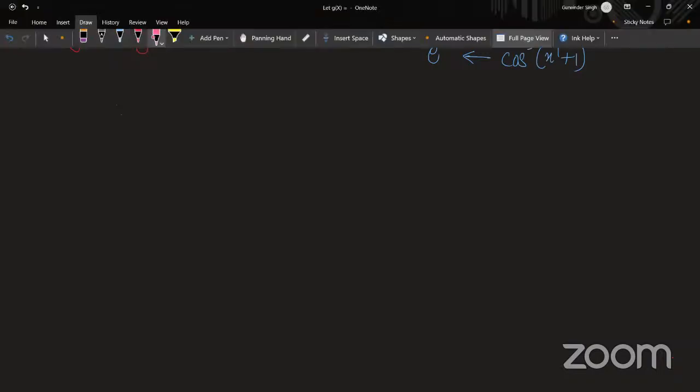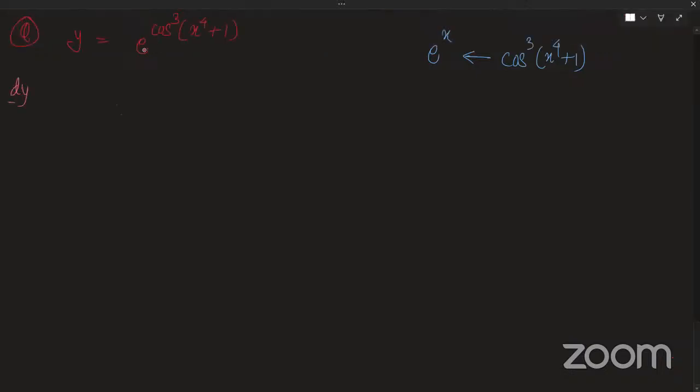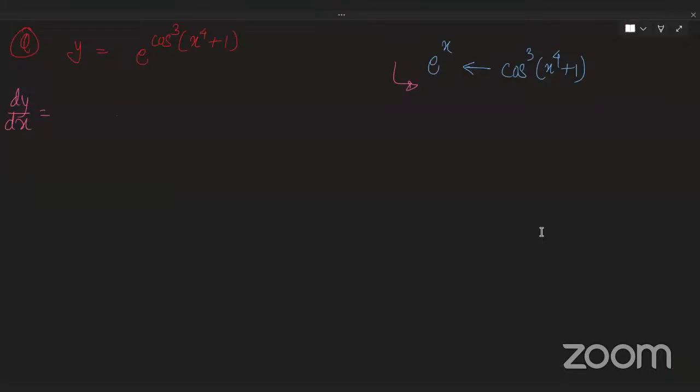Now, who will tell me the derivative of e raised to x? e raised to x.